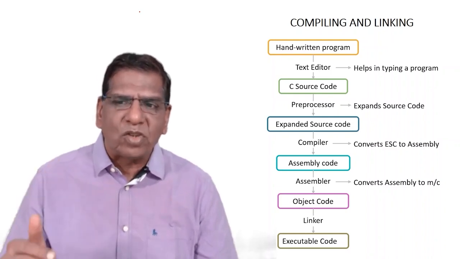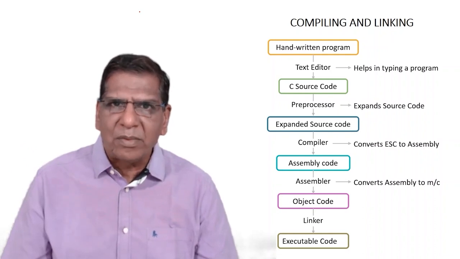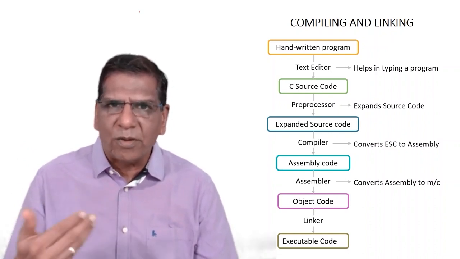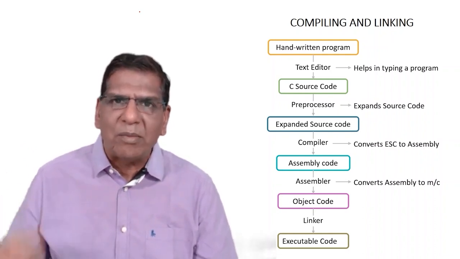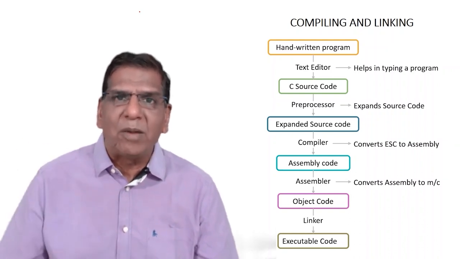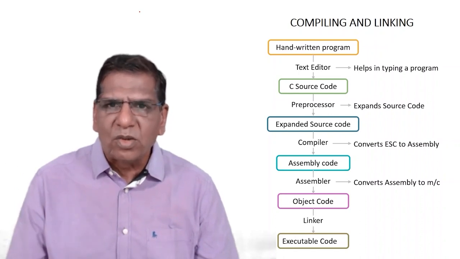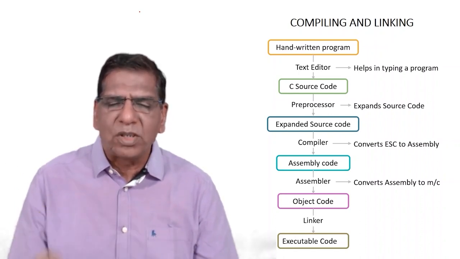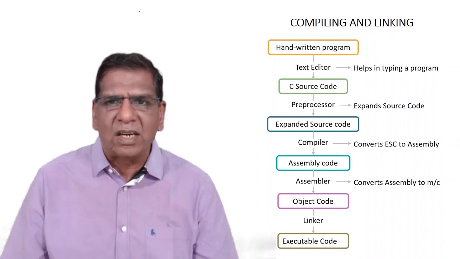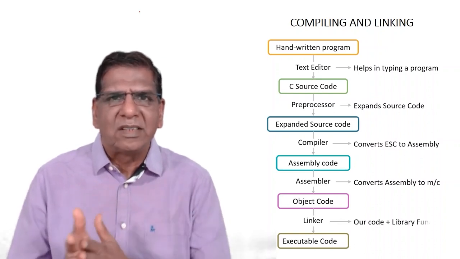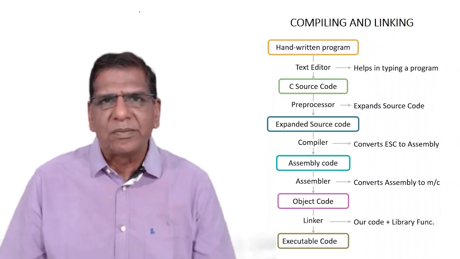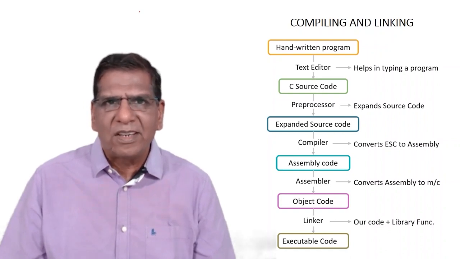The linker combines the object code of our program, meaning the machine language code of our program, with the machine language code of library functions, which are made available to you in a pre-compiled form. They are already in object code form. So the two object codes are linked together using the linker to generate what is known as executable code. Fine? That's the overall build process.